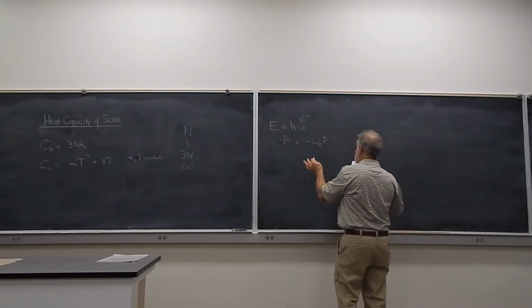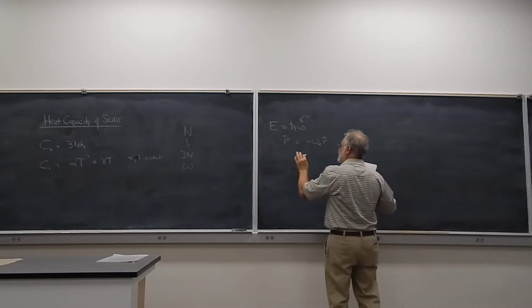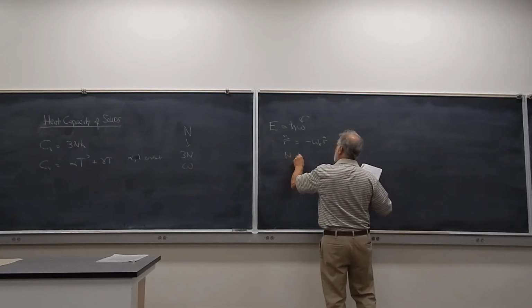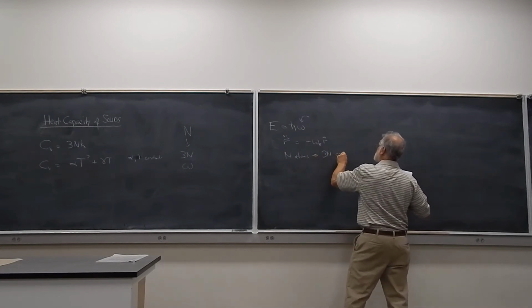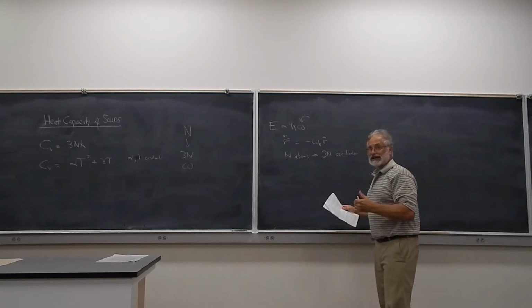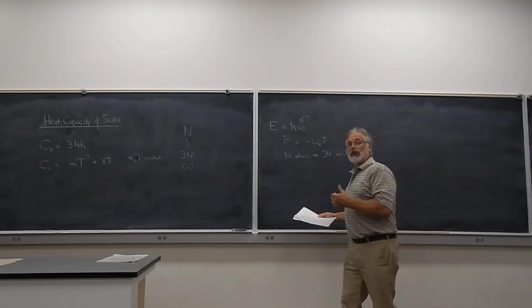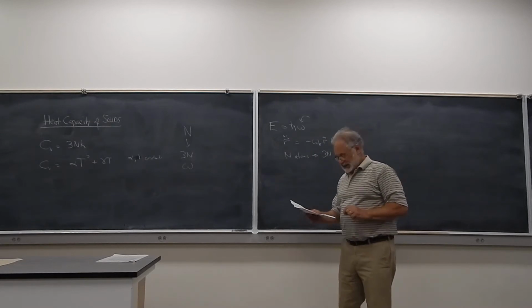And we can decompose r into its x, y, and z components. So a solid of N atoms, you might remember, contains 3N oscillators. Remember, an oscillator is not an atom, right? It's a mode of vibration. As we will mention later on, we call those modes phonons.